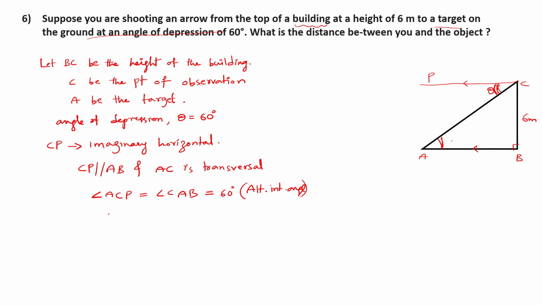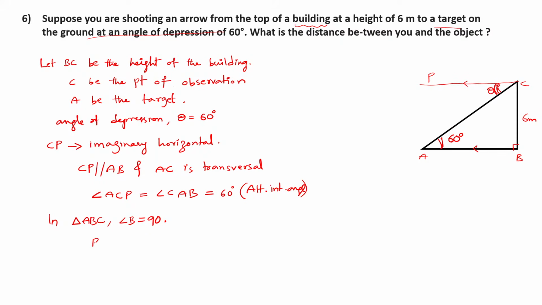Okay, right. Now, in triangle ABC, angle B is 90 degrees, hence it became a right angle triangle. With the transversal concept, we came to know that angle A is also 60 degrees.